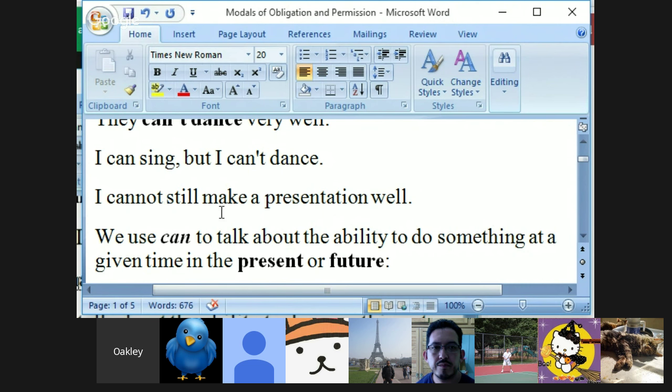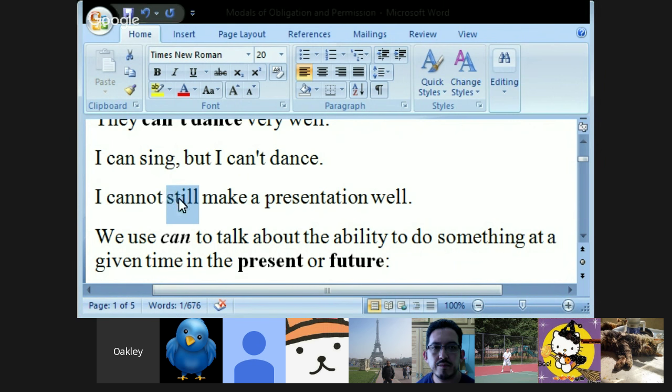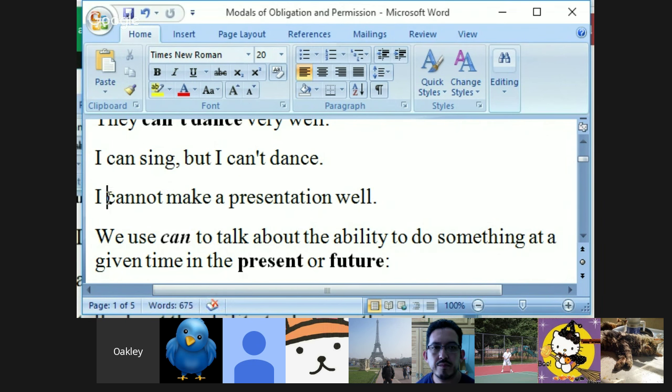One note here, Masa. You've added an adverb, still, which in ordinary English, your placement of the adverb in front of the main verb is correct, and that's great. But it would sound a little better here to move it in front of the negative.